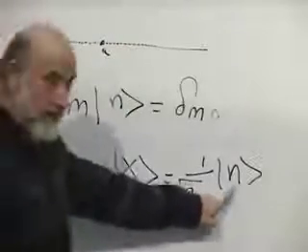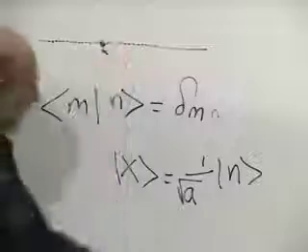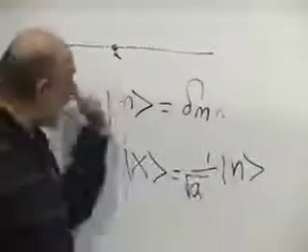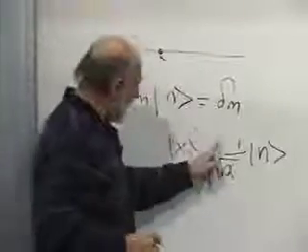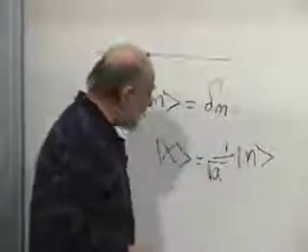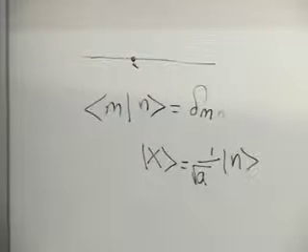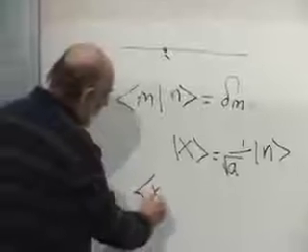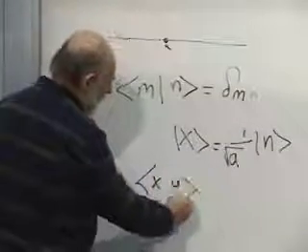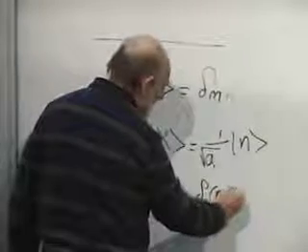This x can be identified with n. It's simply the coordinate position of a point located n units down the line. The vector x is 1 over the square root of a times n. That's the official definition, the way things are set up. But then if you take the inner product of x with y, what you'll get is delta of n minus m.